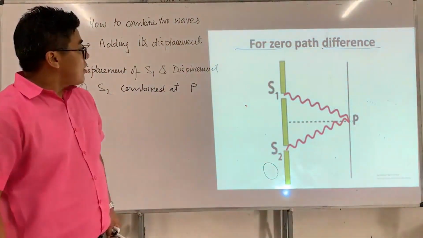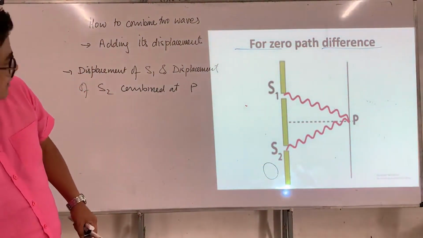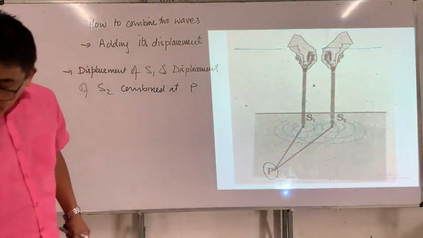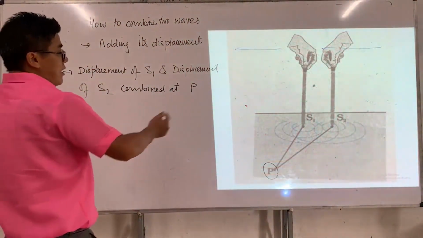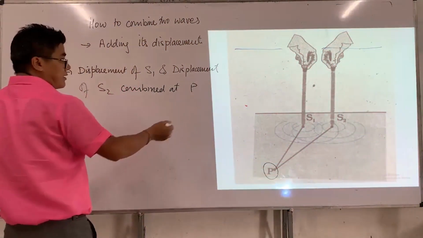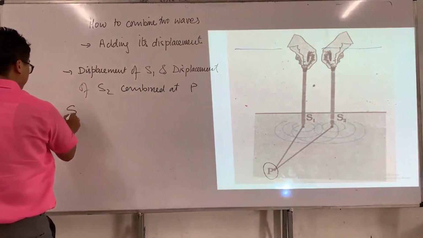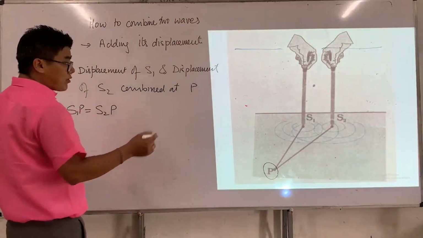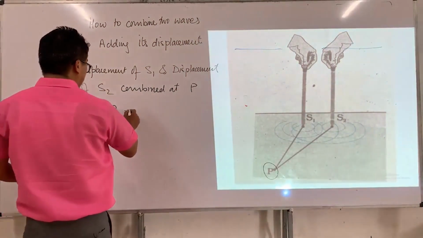Now what I'm going to do is, at the point P, look at here. At point P, S1P is equal to S2P. These two are at equal distance.